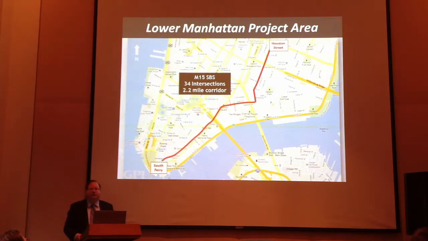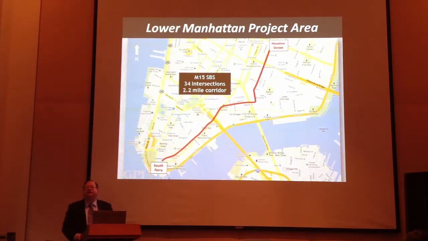You can think of this as one of the most challenging areas to start to implement a new signal priority system. You've got a lot of pedestrians in the Wall Street area. You've got a lot of trucks loading and unloading. You have bicycles. There are bicycle lanes, and the city's got a big push on bicycles. You have what the city calls senior pedestrian zones.